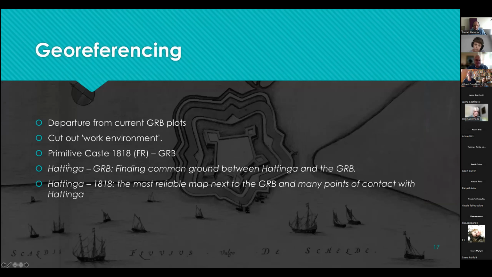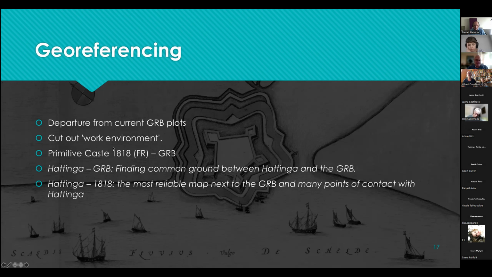Let's take older maps. One of the most detailed and beautiful maps is the Hattingham map from the 18th century, and that is again from the 19th century. We're trying to go back to the 18th century, and then later on we even try to go back to the 17th century. That's the way we try to do it.